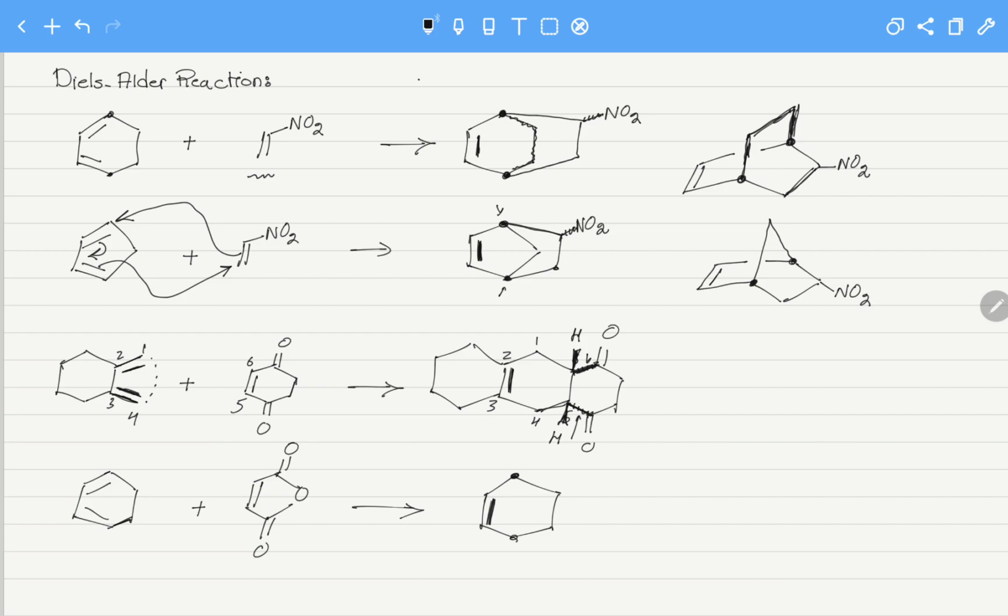Those are the terminal carbons of the diene. This is your dienophile. Just draw it as it is. Just make sure to get rid of the pi bond. And now connect this carbon to this carbon and this carbon to this carbon.